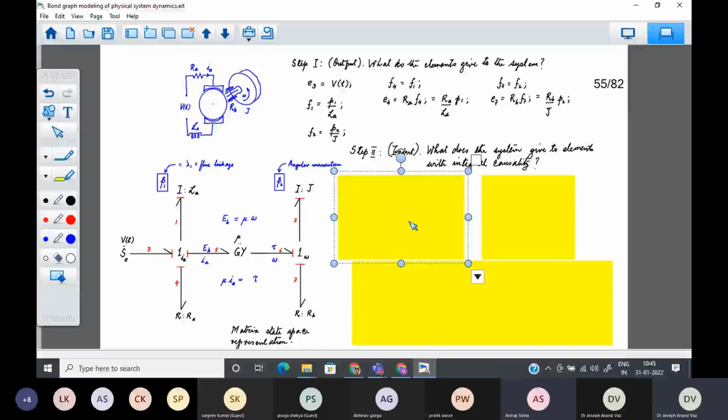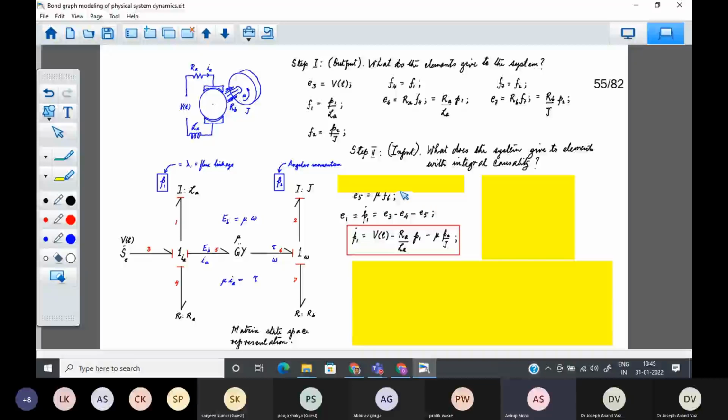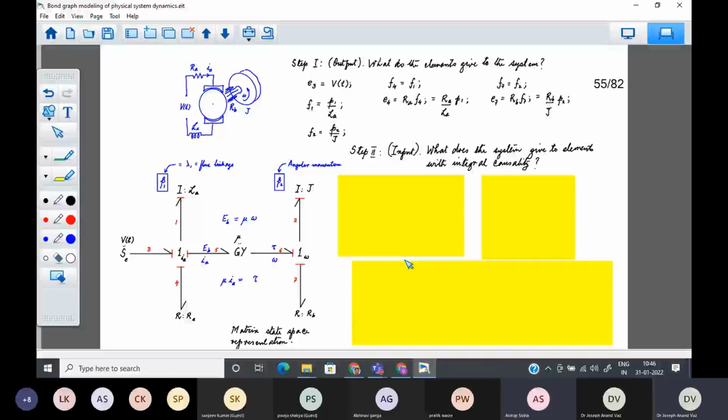So we start with the second question. In the second question, we ask this question, what does the system give to this element, effort or flow?